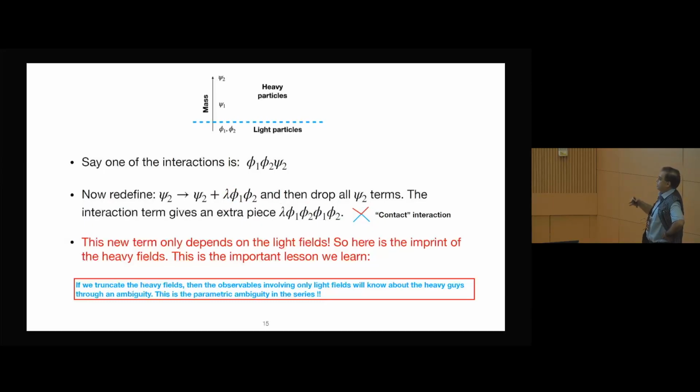And the truncated version of your amplitude would actually now be sensitive to this field redefinition parameter. So typically, when you do a field redefinition, your amplitude is not dependent on the parameter, but if you truncate the Lagrangian, it would. So the lesson that we learn is that if we truncate the heavy fields, then the observables involving only the light fields will know about the heavy guys through this ambiguity, and this is the parametric ambiguity that I expect in this series.